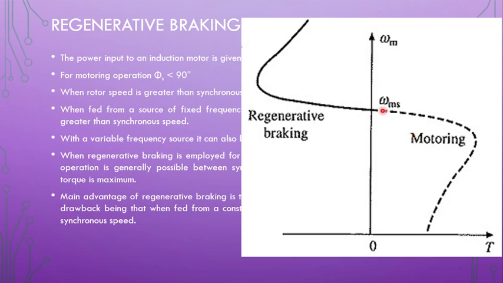If the rotor speed is above the synchronous speed, then instead of the speed torque characteristic dropping from this point, we observe that it can go into the regenerative mode. That is very well possible.